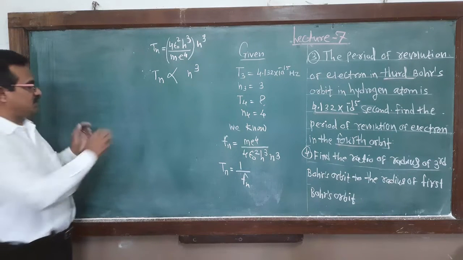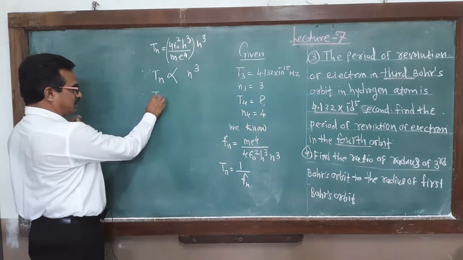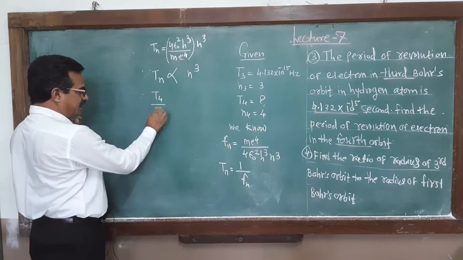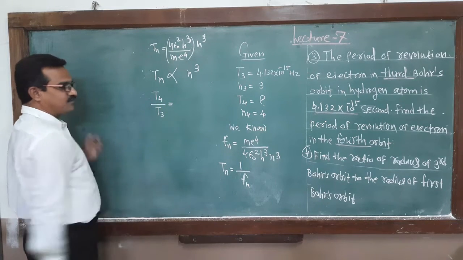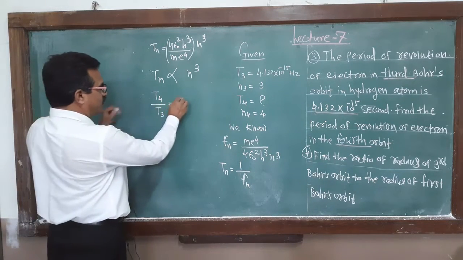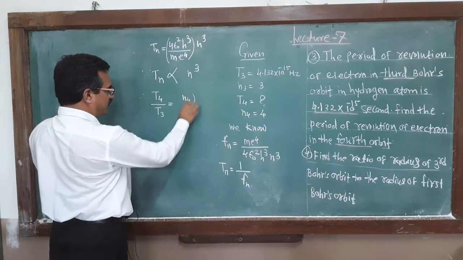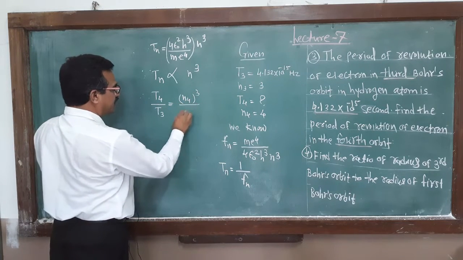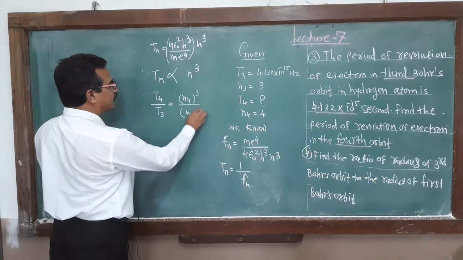Therefore, from this equation, T4 divided by T3 is equal to n4 cube divided by n3 cube.